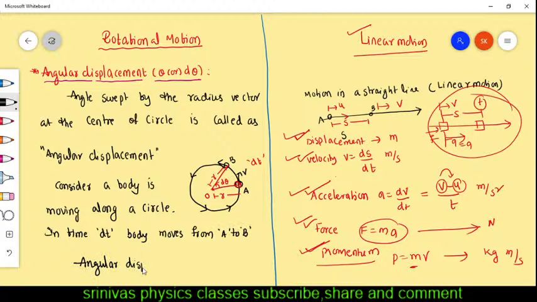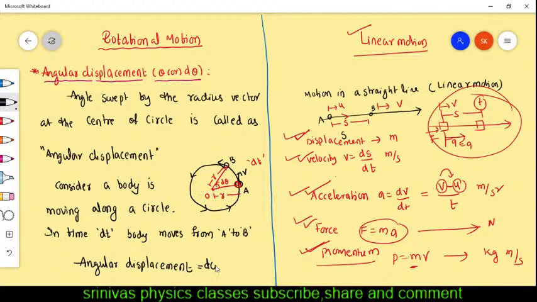In this case, how much angle is the radius vector rotated when the object moves from A to B? You see the figure? OA is the initial position of the radius vector, OB is the final position. When the object moves, this line also moves and is rotated by some angle.